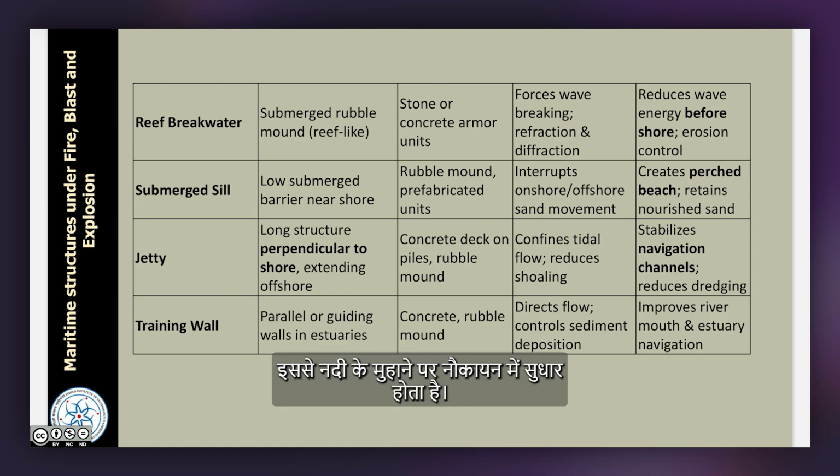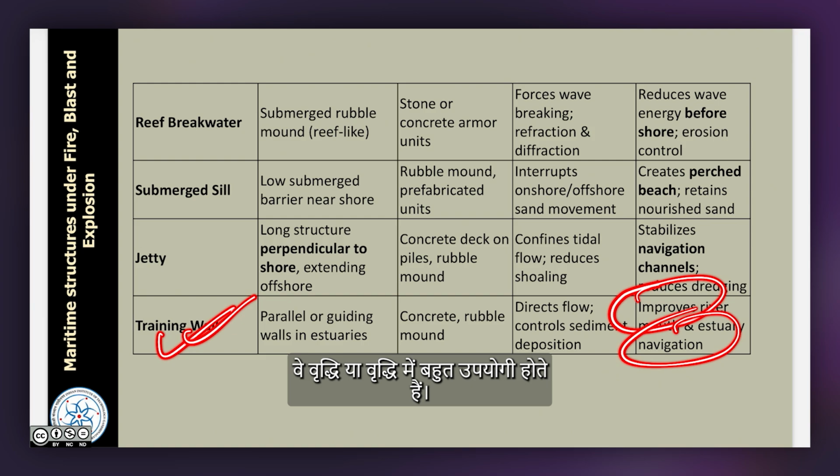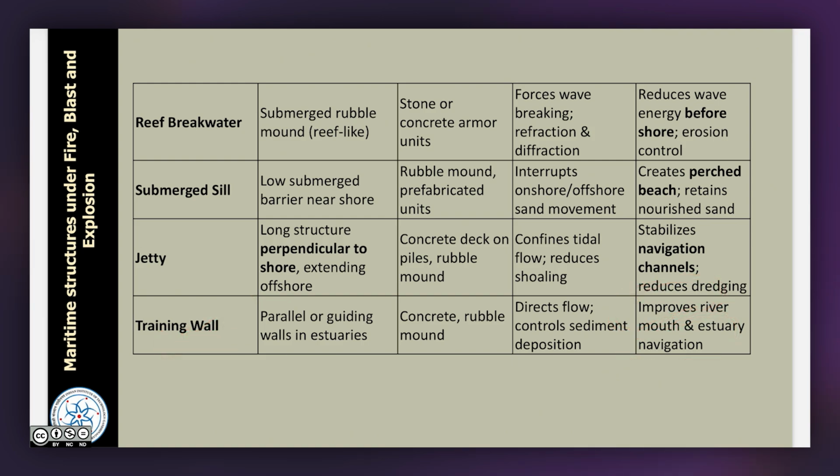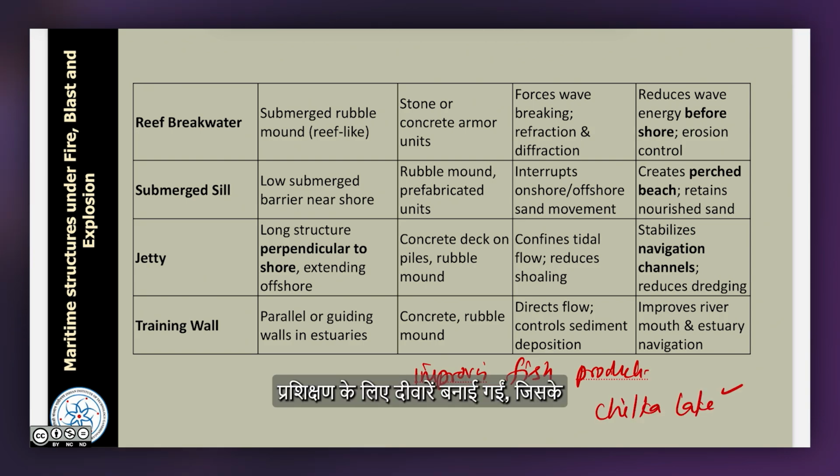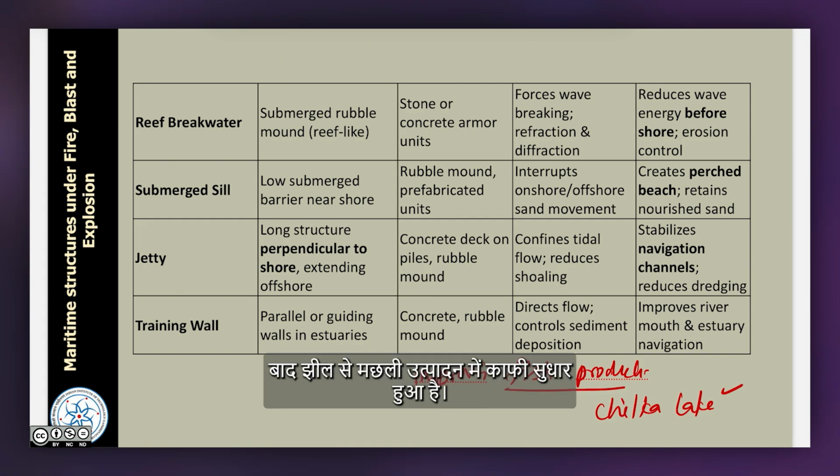It improves river mouth and estuary navigation. They are very useful in improving fish production. Chilka Lake in Odisha has training walls constructed, after which the fish production from the lake has improved quite a lot.